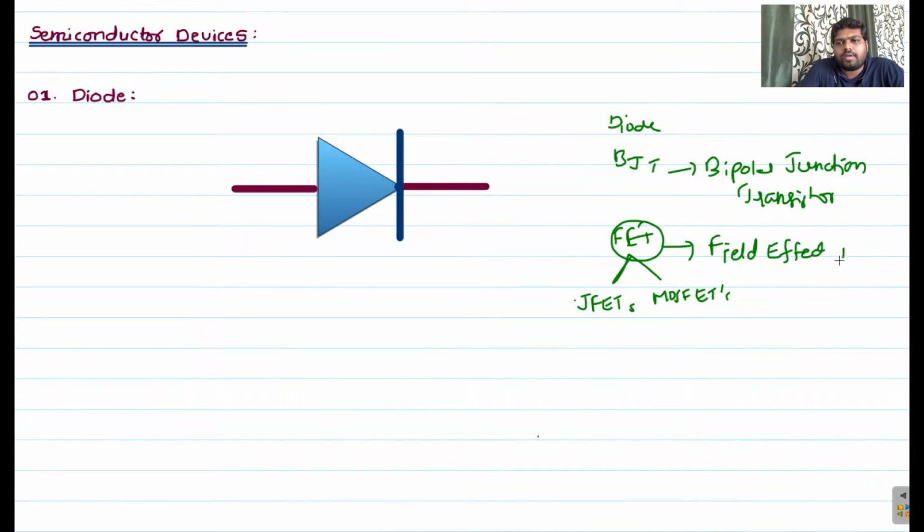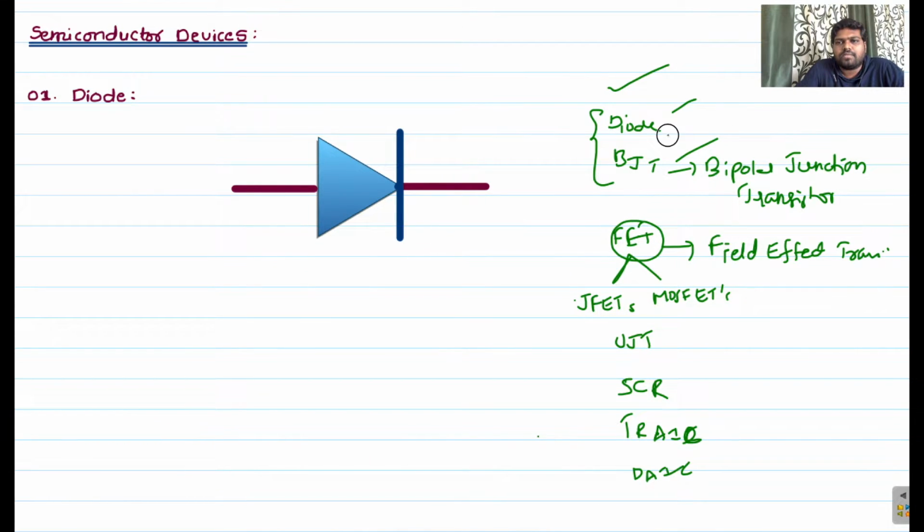We also have the UJT, unijunction transistor, and power switching devices like the silicon controlled rectifier, triac, and diac. We have many devices, but from the digital electronics point of view, we require diodes and BJTs, and FETs also, but from our designing point of view, we will consider diodes as well as BJTs.